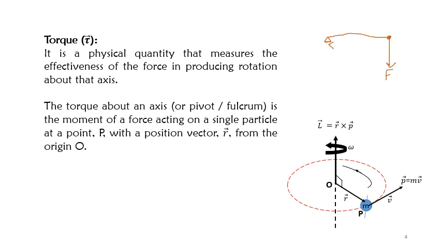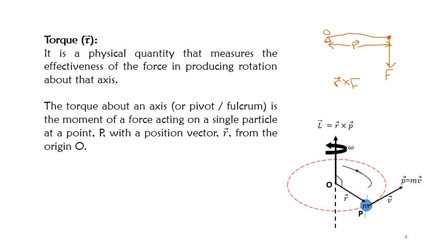Then we have a position vector from the origin. So the force is acting on a single particle at the position from the origin. We have force F. So the moment, remember moment is what? That's moment. So the moment of a force that acts like this is the torque about the axis.